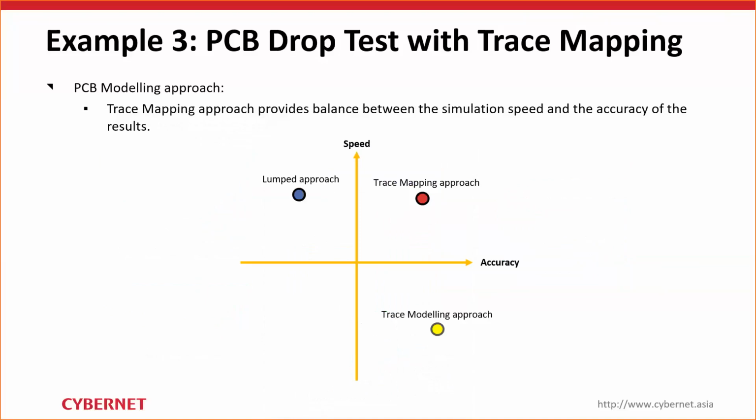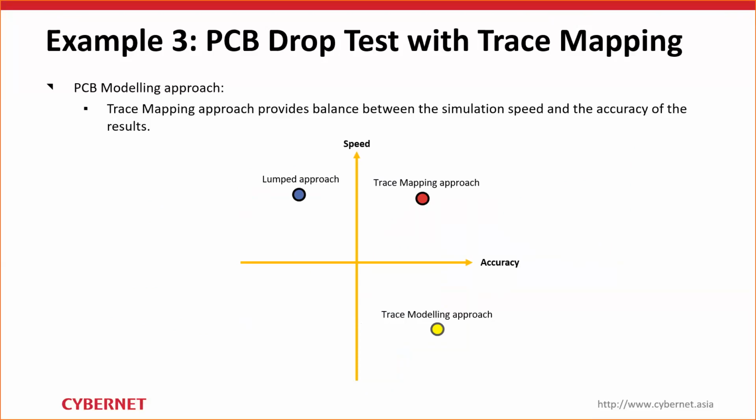Because when you go with the trace modeling approach, the number of mesh is going to skyrocket. It's going to take up to millions of elements, and therefore it's going to take a huge amount of time to solve those problems. But when we go with the lump approach, we sacrifice accuracy for speed.